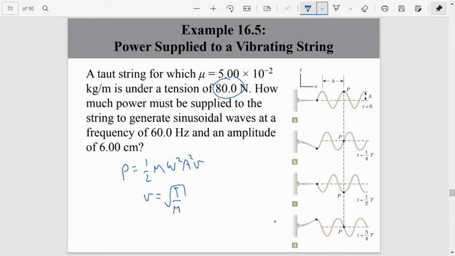There's one more thing that's not given to you straight. You're told what the frequency is, but the frequency here, 60 hertz, is not the angular frequency. The angular frequency is measured in radians per second. So this is telling you the linear frequency f, and we have to calculate the angular frequency first.